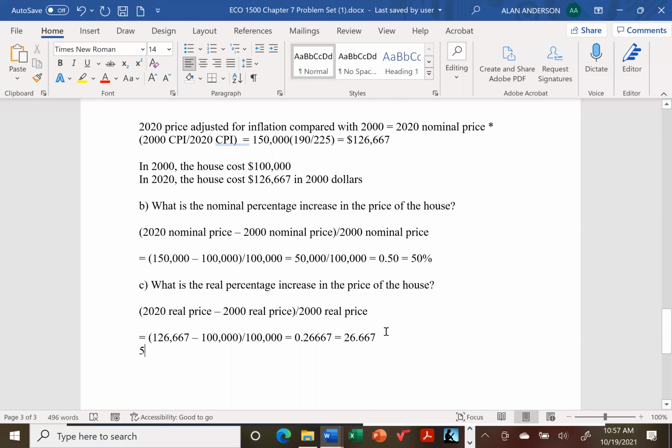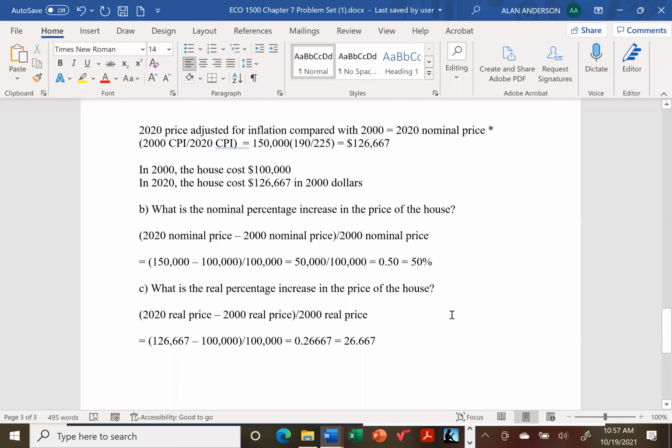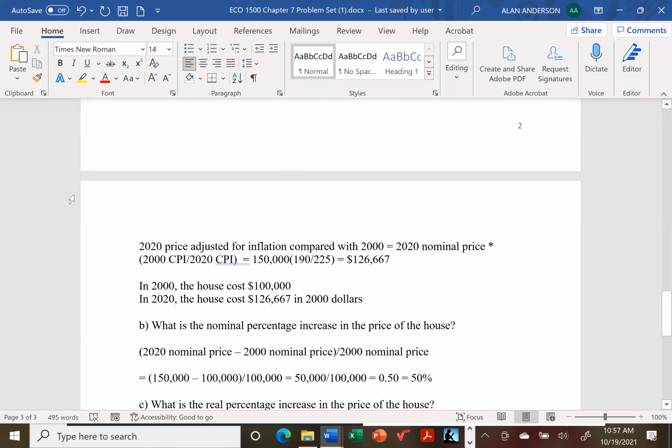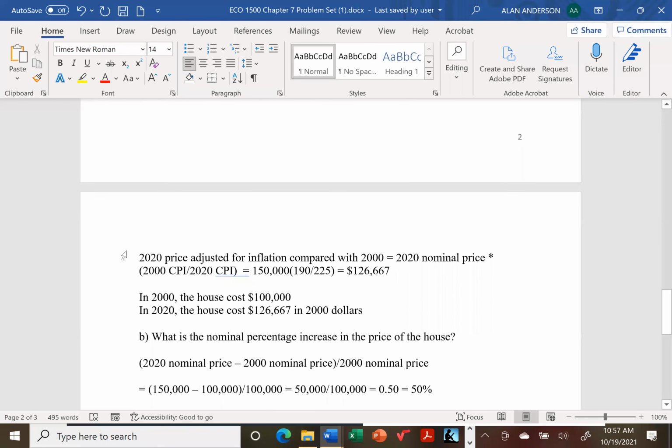So in real terms, in terms of purchasing power, the price went up quite a bit, but only about 26.67% rather than 50%, which you would get from nominal dollars. All right, so that's that.